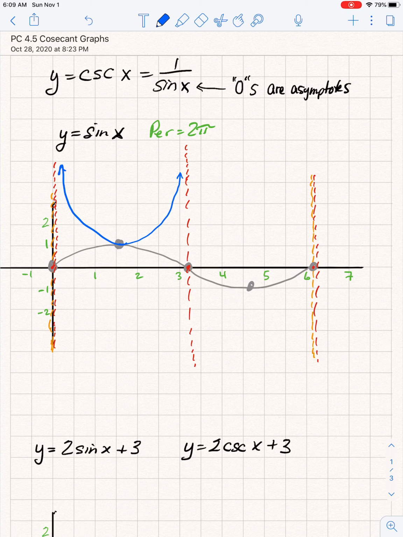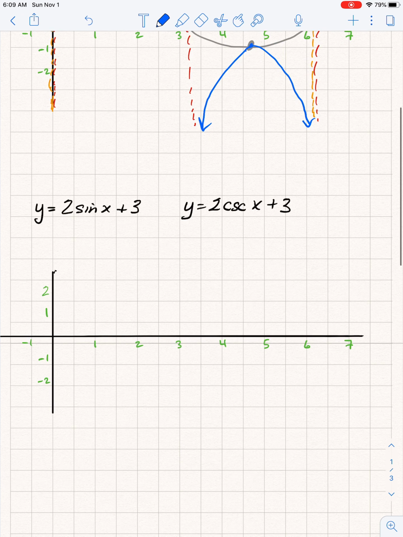Over at 4.71, we're at negative 1, and we flip that part over. So that is the graph of cosecant. And that's all there is to it. All done.